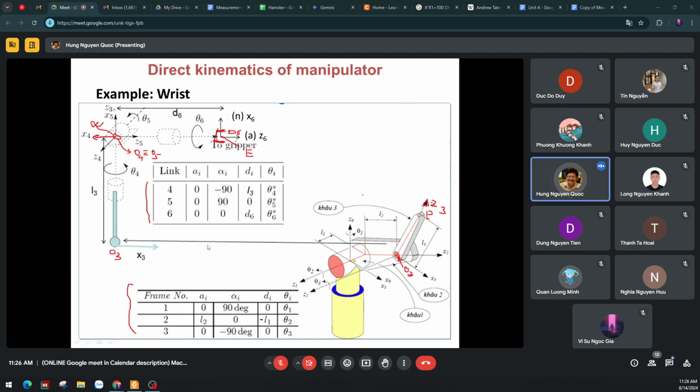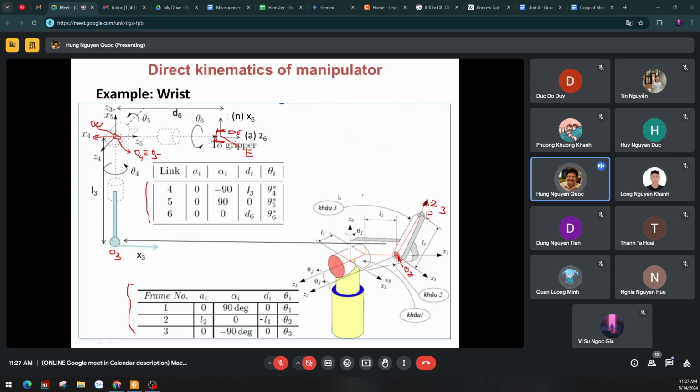So remember, at the end you put the gripper, and the table now is 1, 2, 3, 4, 5, 6. You can make the calculation of the full robot, and we follow that approach.